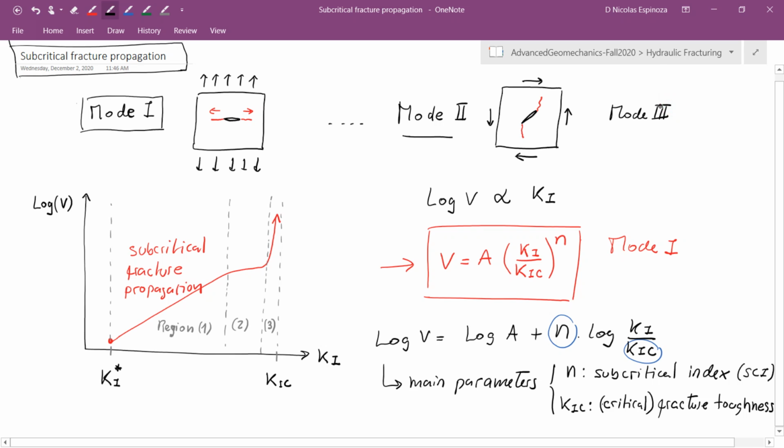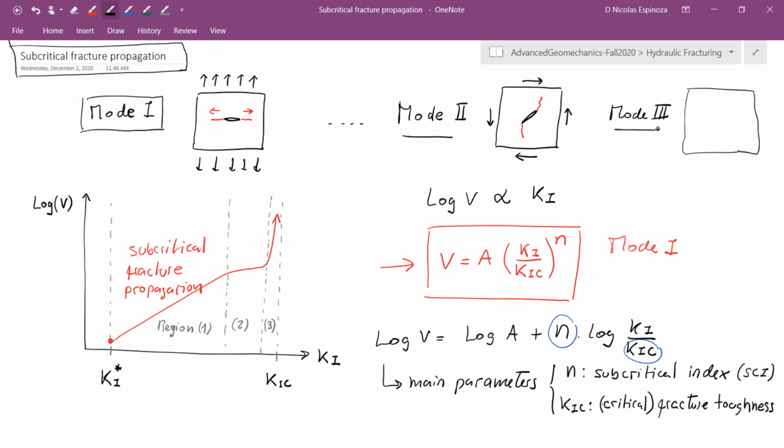Mode 3 is a little bit more difficult to draw in two dimensions, so I'll just leave it like that. But you may want to check previous videos about what mode 3 is, and the same logic is going to apply for mode 2 and mode 3 as the one that we're discussing right now for mode 1.